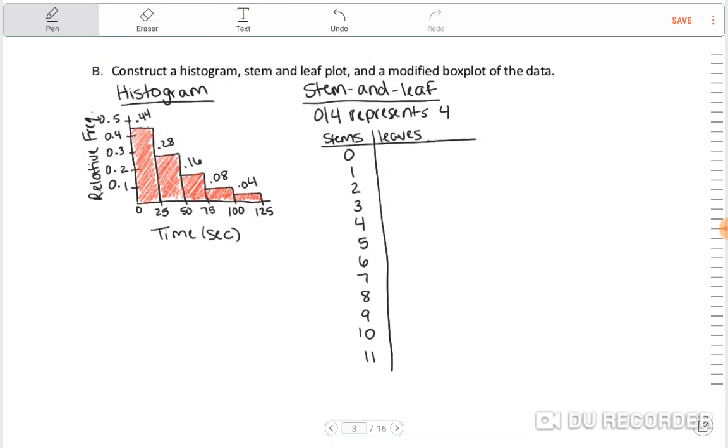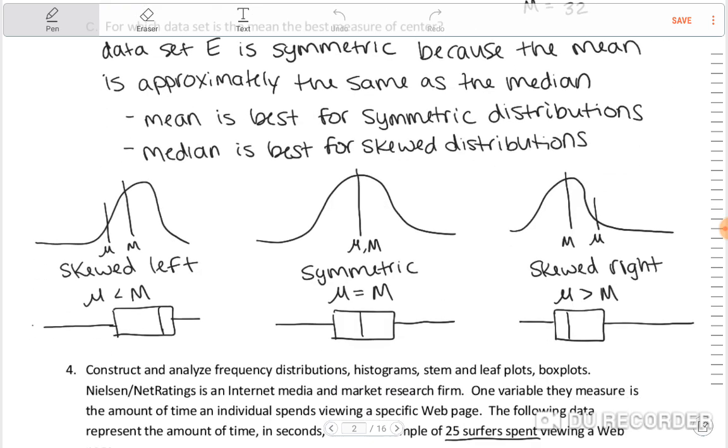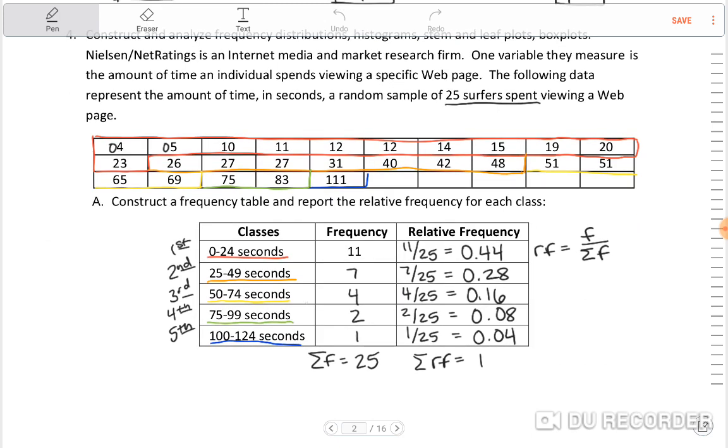Oh, good, I have plenty of space. Okay, and then my leaves are going to go, okay, now I already have these written down from the previous table, but remember, I'm just going off of this information. So we used this class's frequency, relative frequency, to draw the histogram. And now we're using all of this raw data up here to create the stem and leaf plot.